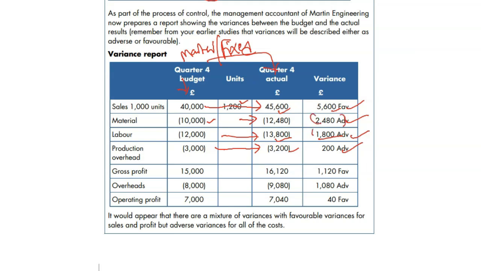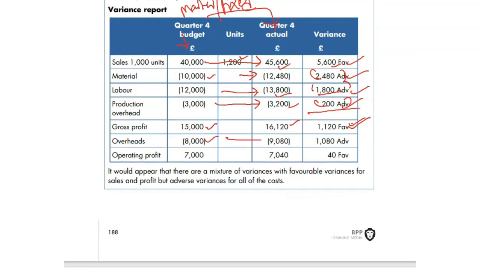Once we minus these things, we get a favorable. Budgeted gross profit was 15,000 and actual gross profit 16,120, so 1,120 is favorable. How about the overheads? Overhead budgeted was 8,000 and actual is 9,080, so 1,080 is adverse. Once we compare from top to bottom, our actual profit is 7,040 and budgeted profit was 7,000. So we said 40 favorable.